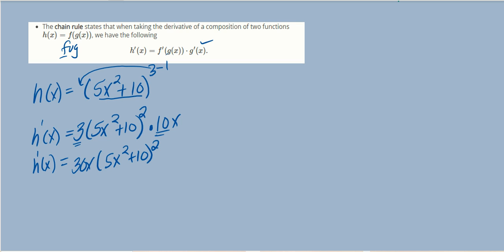But this video is on the more complicated problems that we possibly would see in our homework assignments. Let's look at our next example: h of t equals negative 8x divided by the square root of 9x cubed plus 10.